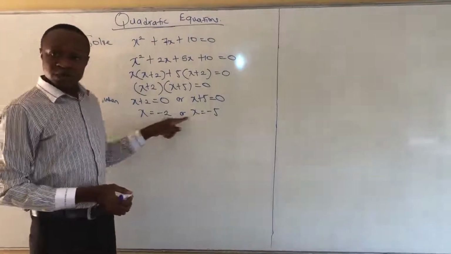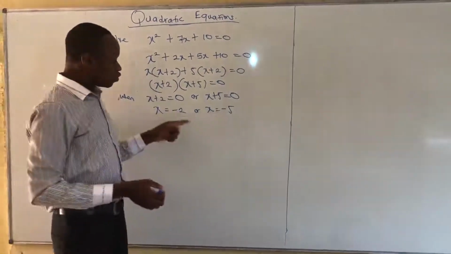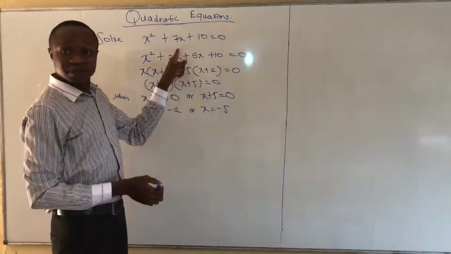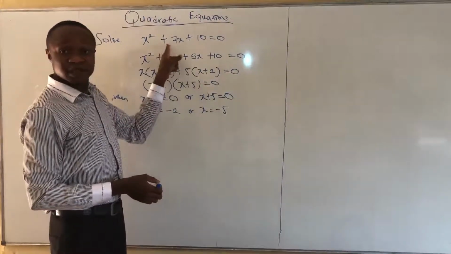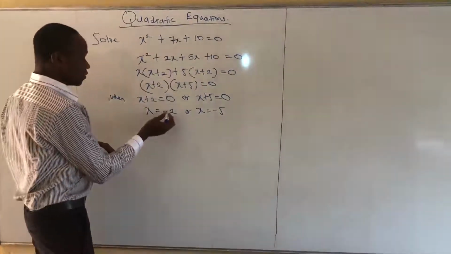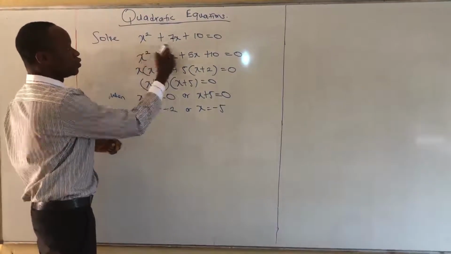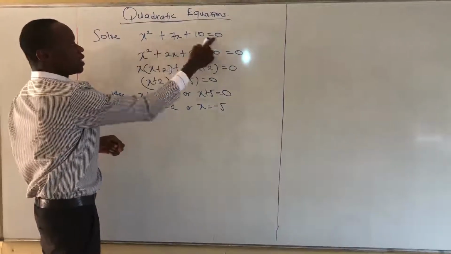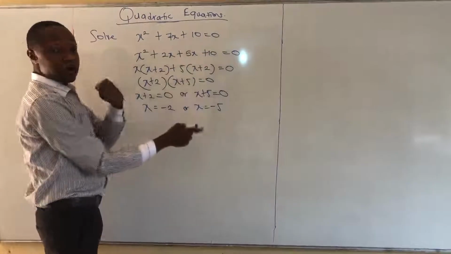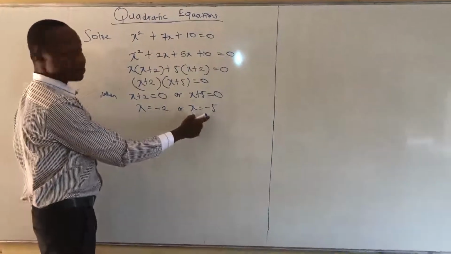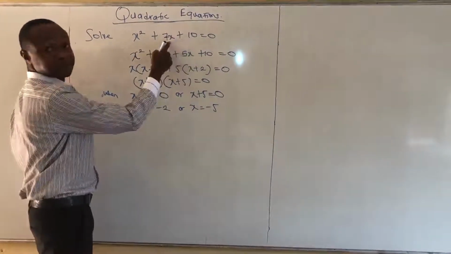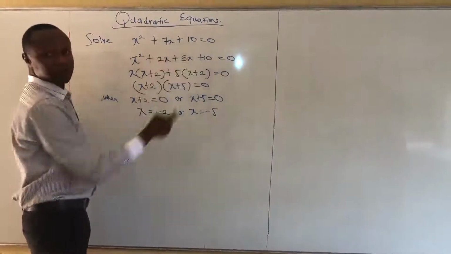Now, these two values are what we call roots of this equation or solutions to this equation. It means if x is minus 2 and I substitute it here, I will get 0. Or if x is minus 5, if I substitute it for x, I will also have 0.